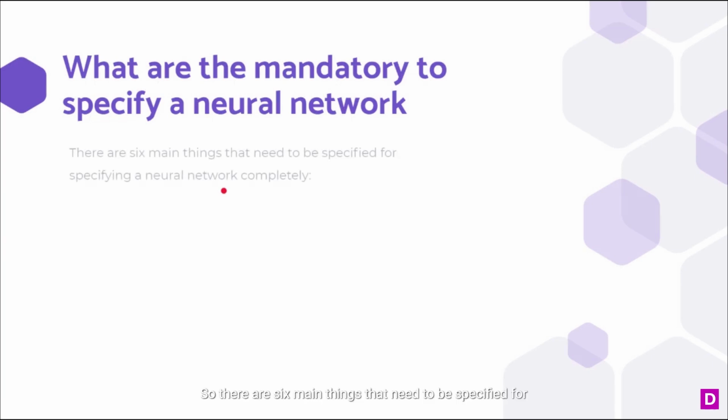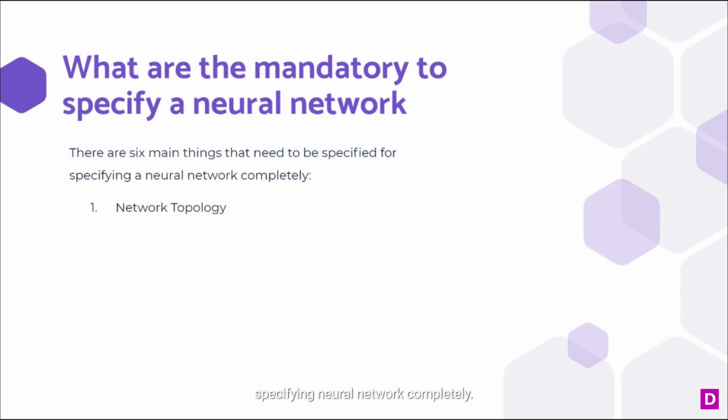There are six main things that need to be specified to completely specify a neural network. The very first thing is the network topology. It is essential to say at the very start that this is a particular problem and the topology to solve that problem would be in this fashion. I have taken just two examples here, either regression or classification.